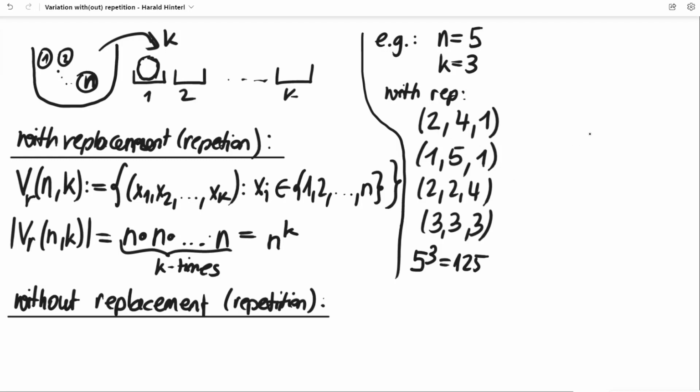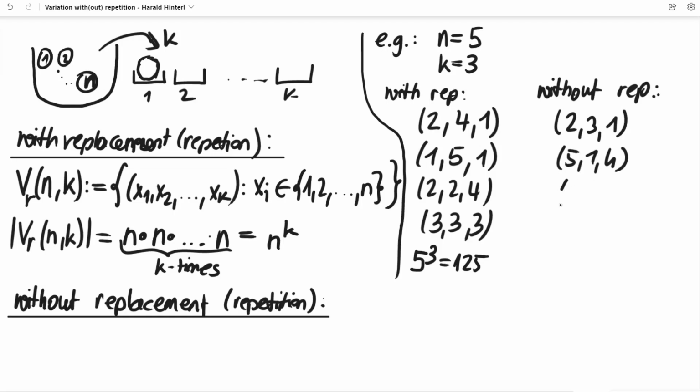So let's do examples here on the right side again. So without repetition. So it can be 2, 3, 1 or 5, 1, 4, 1, 4, 3. So you see what is not possible is 2, 2, 4. You are not allowed to repeat numbers, or 3, 3, 3, or 1, 5, 1 is also not possible.